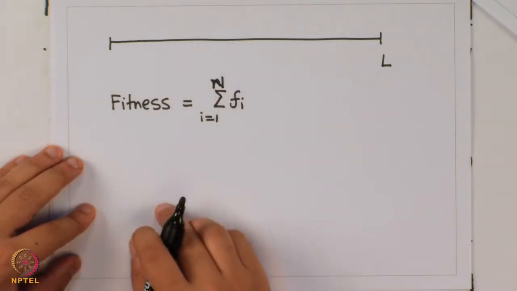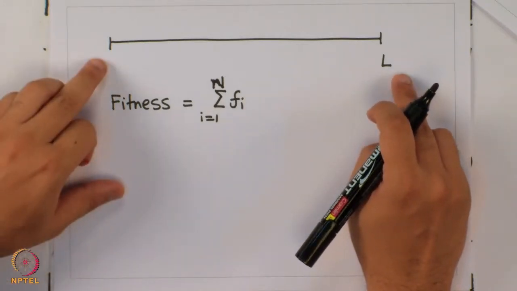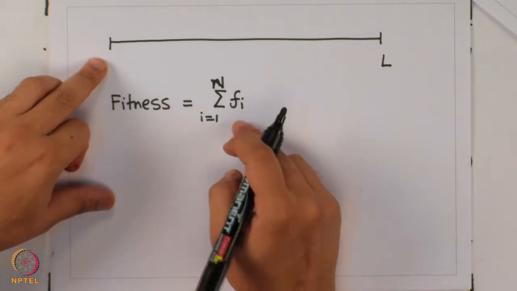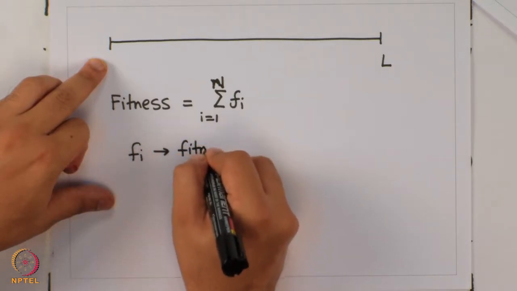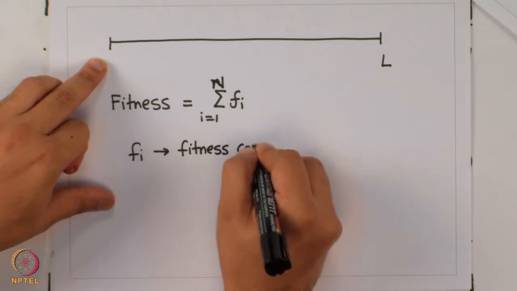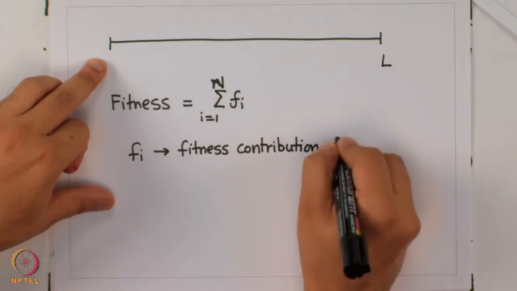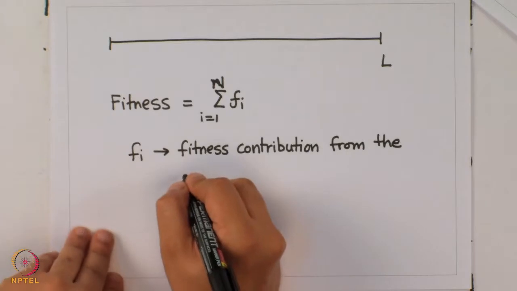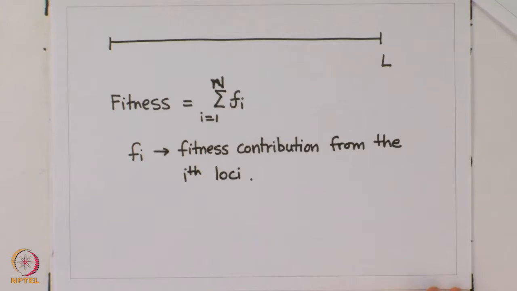What the NK model will say is that the fitness associated with the entire DNA polymer of length L is just equal to the summation of Fi, where Fi is the fitness contribution from the ith locus. Okay. So, you could visualize this in a certain number of ways.